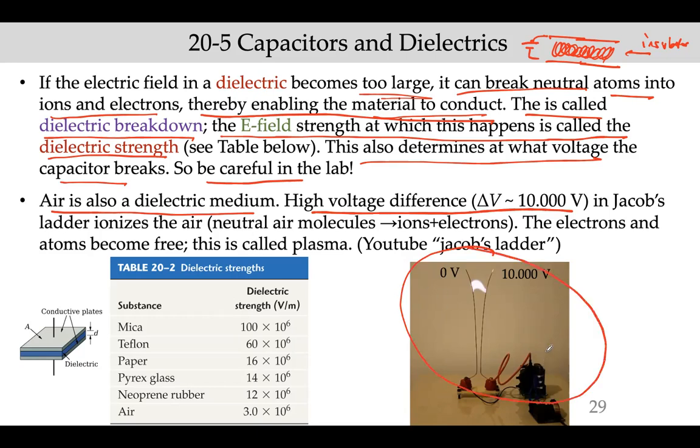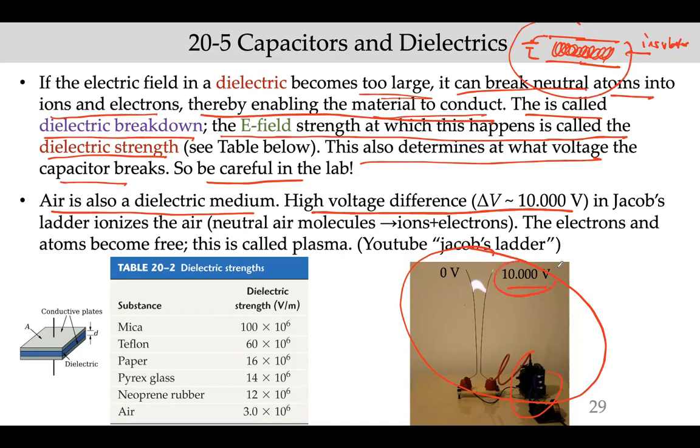There's a source here and it applies 1000 volts. Notice that there's no connection between these two wires. It's just like a capacitor with plates. Instead of plates, we have wires, but it doesn't matter.